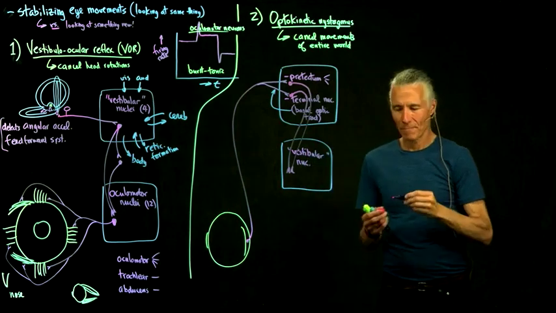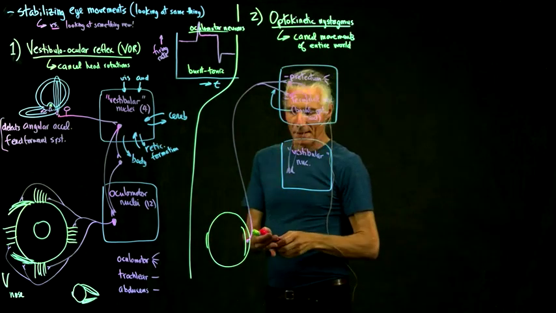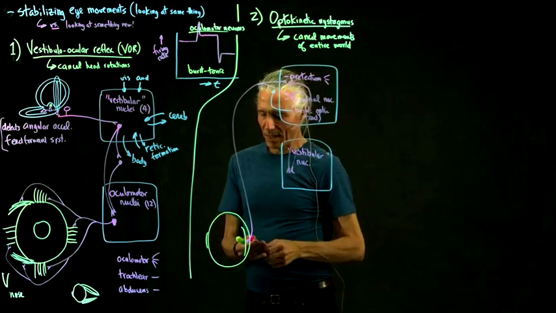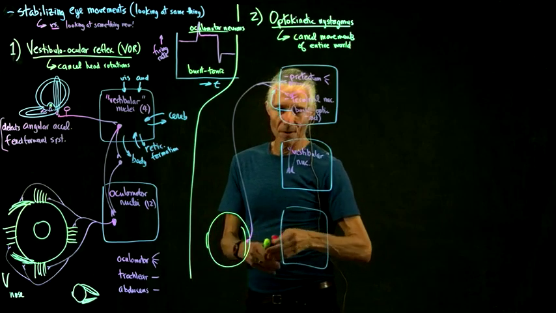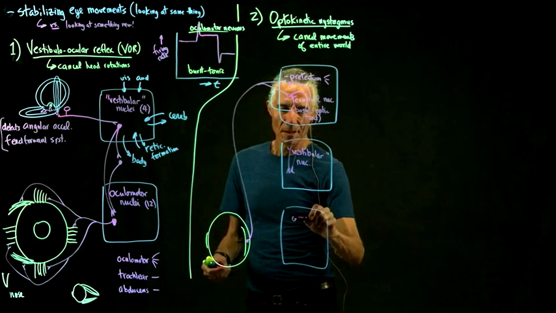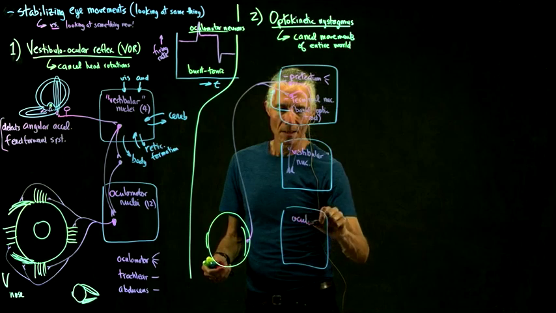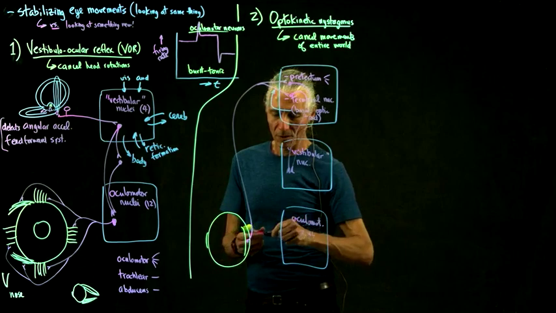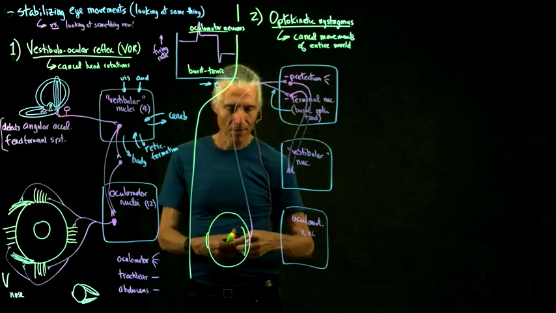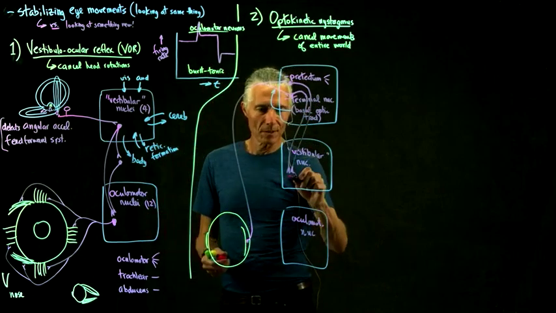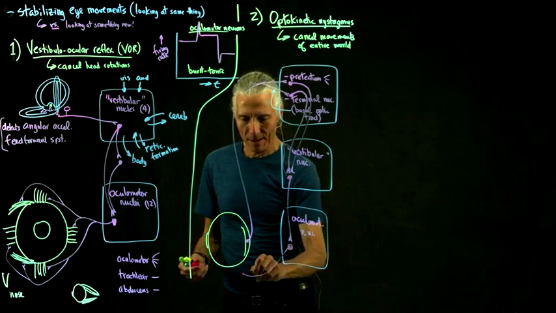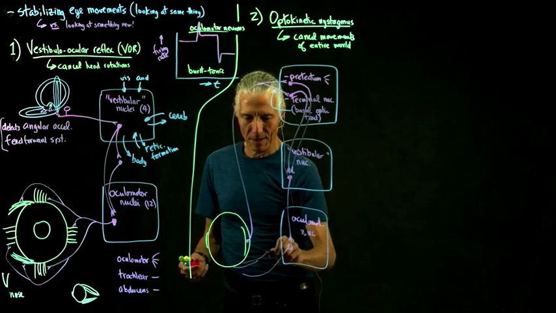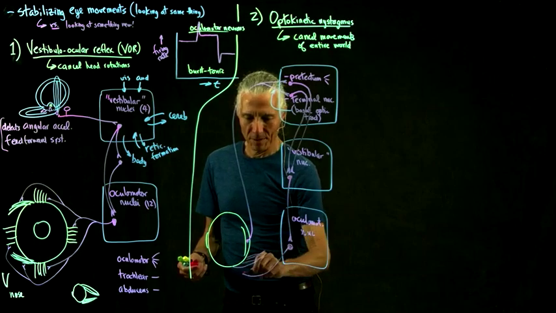And then they go to the oculomotor nuclei, which we already had before. So here's the oculomotor. And then it goes out to the eye muscle. So this guy goes down here. There's 12 of these guys, and then this guy goes and synapses on that eye muscle.